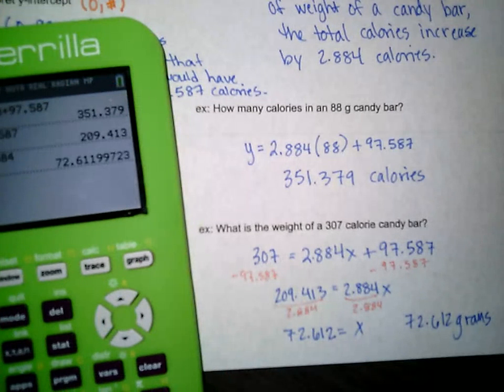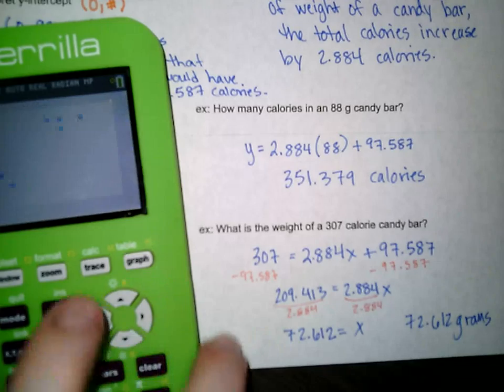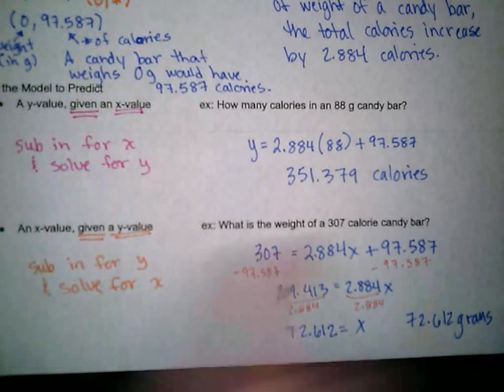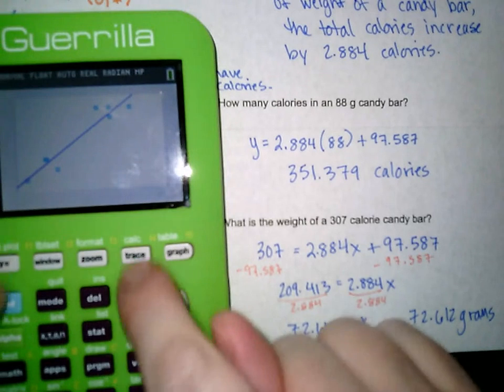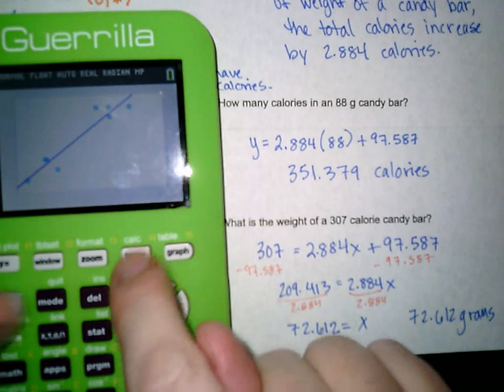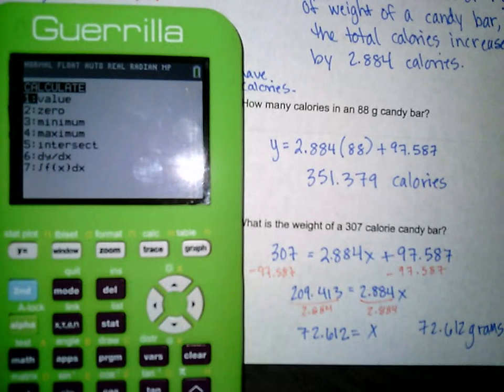Okay. Now you can also do both of those in your calculator using the model. So if I go to my graph, if I'm given an x value, I can do second calc, and then number one value.